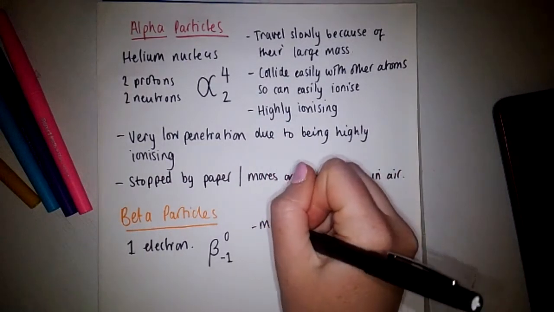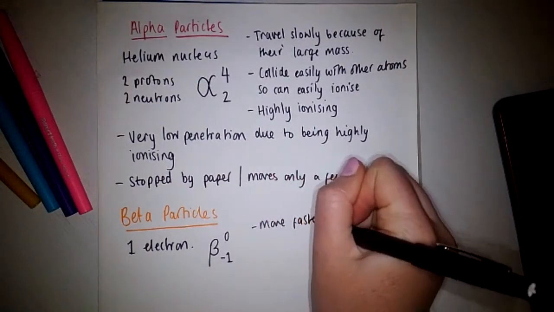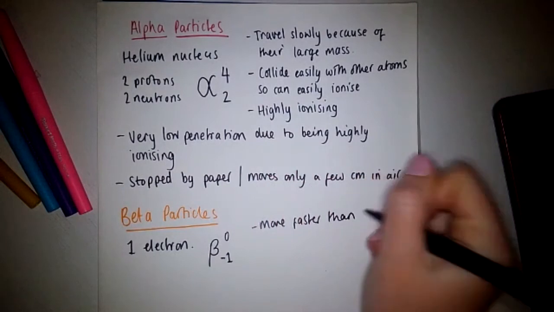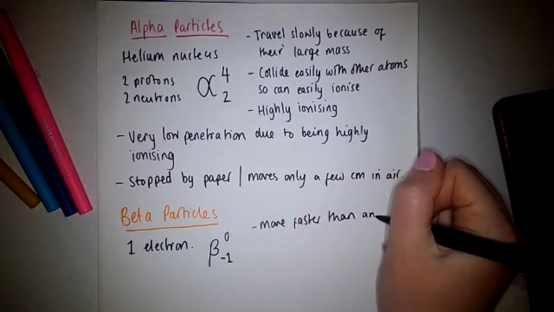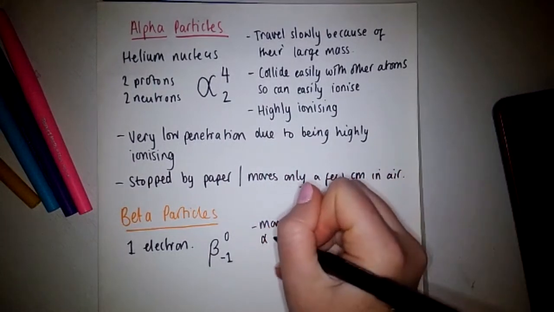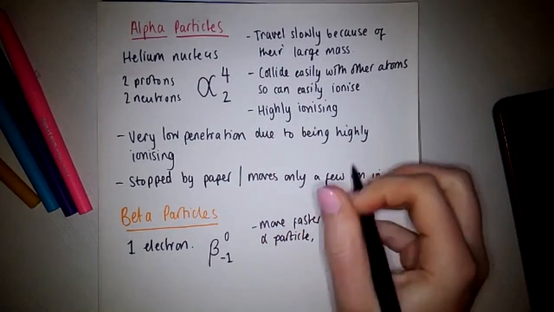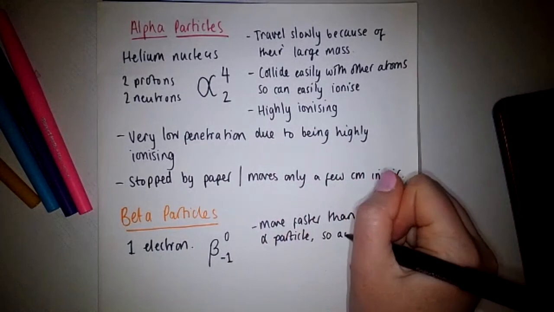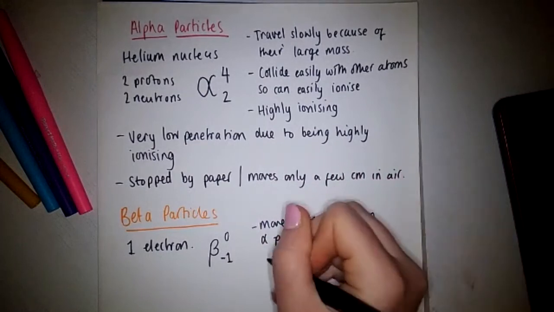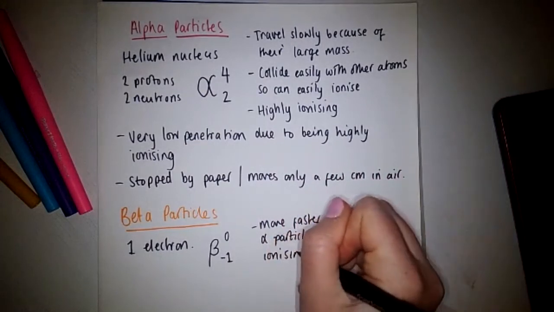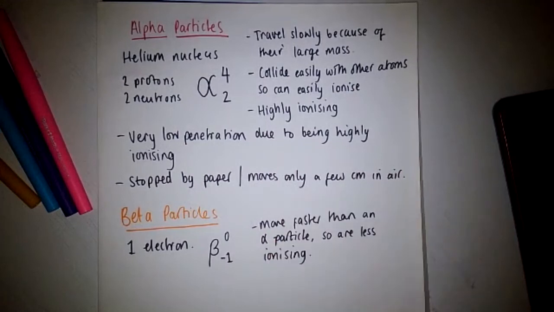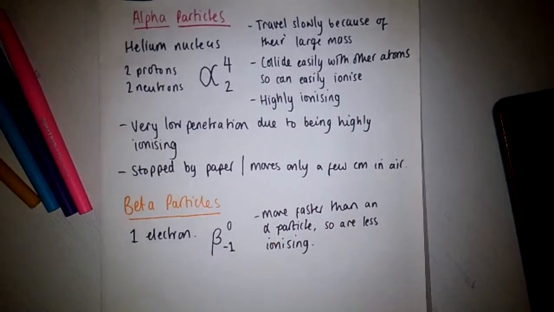So they move faster than an alpha particle, so are less ionizing.